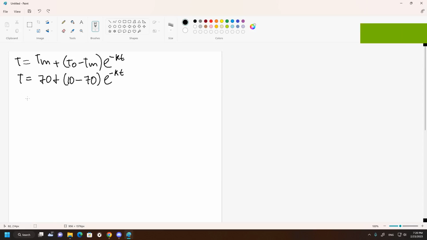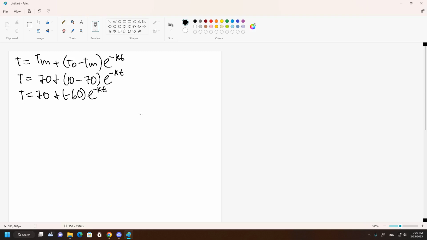Okay, after we set up the equation, we have to simplify the following. So we have now 70 plus negative 60 multiplied by the exponent of negative k, the time value.